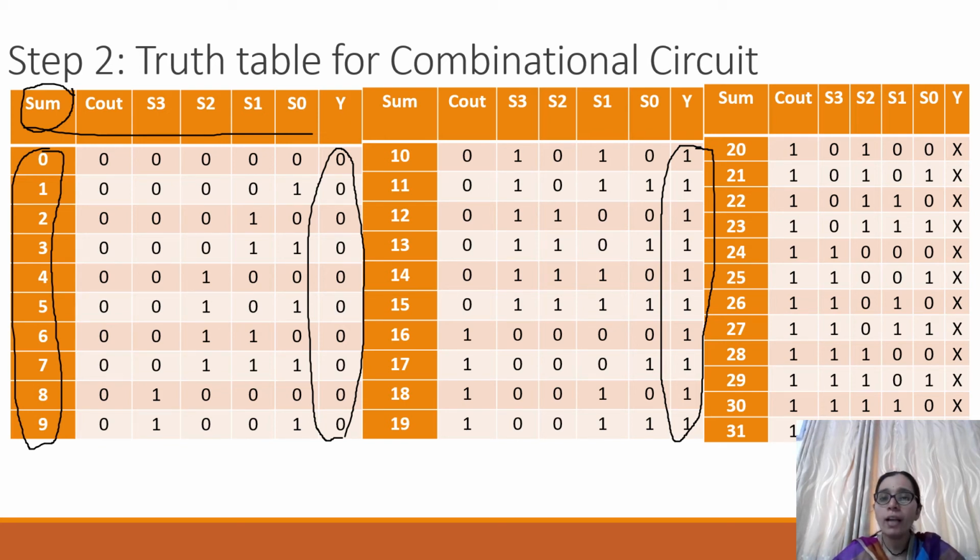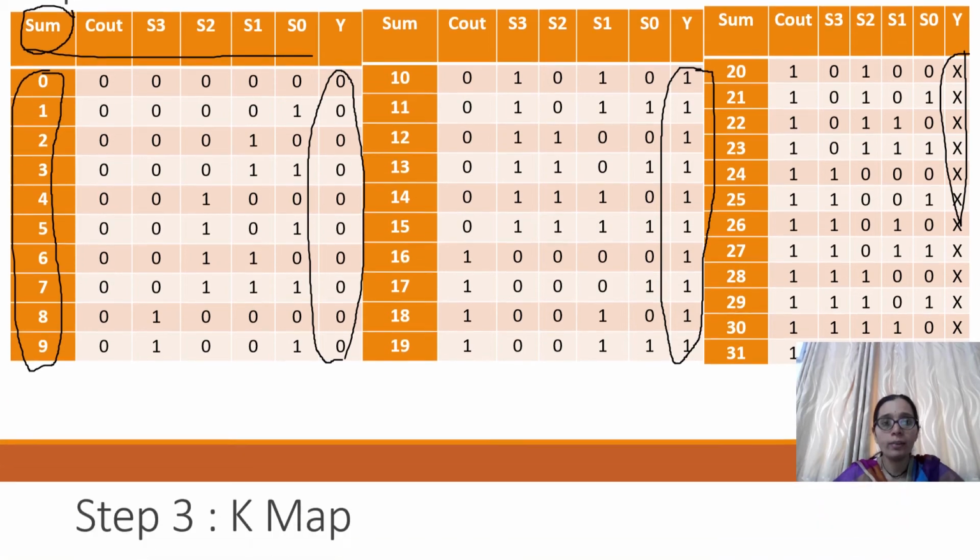And after 19, 20 to 31, these are all don't cares. Why? Because we don't need to consider them to design our combinational circuit. Therefore, for sum 0 to 9, Y is 0 because of valid BCD. For sum 10 to 19, Y is 1 because of invalid BCD. And sum 20 to 31 is don't care because they are not to be considered for designing the BCD adder.